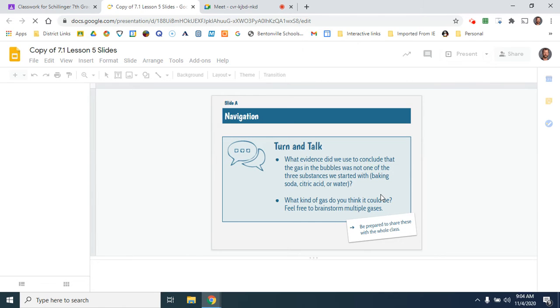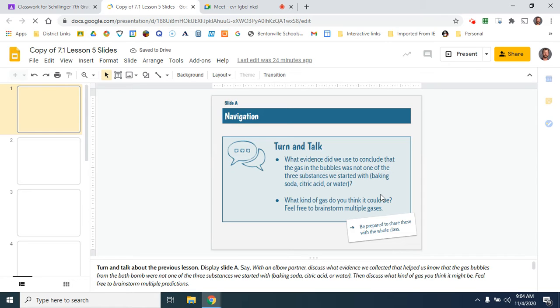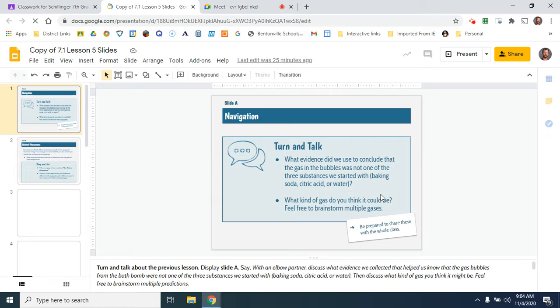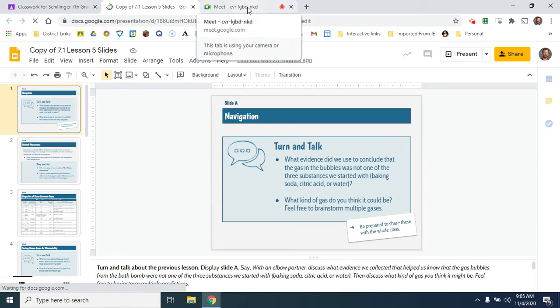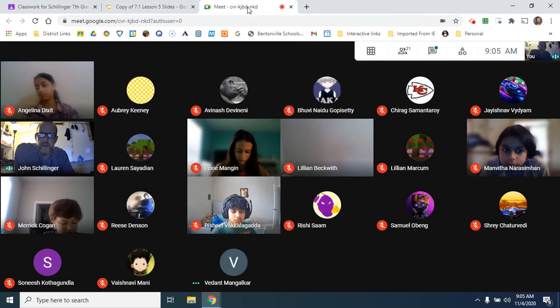All right. So, Shrey, on the first slide, it said, what evidence did we use to conclude that the gas in the bubbles was not one of the three substances we started with, baking soda, citric acid, or water? So how do we know that the bubbles were not contained in one of these basic ingredients?